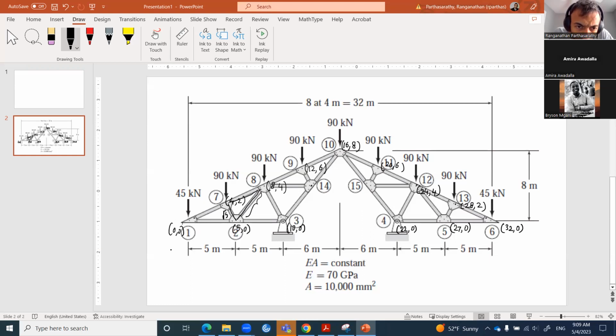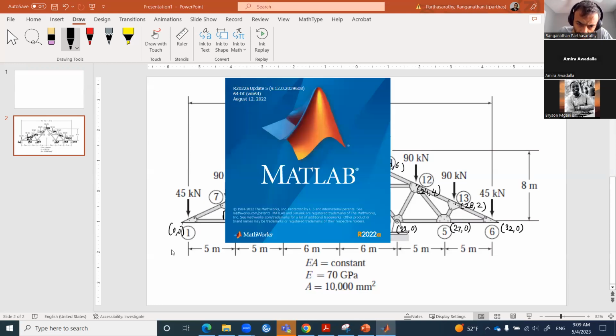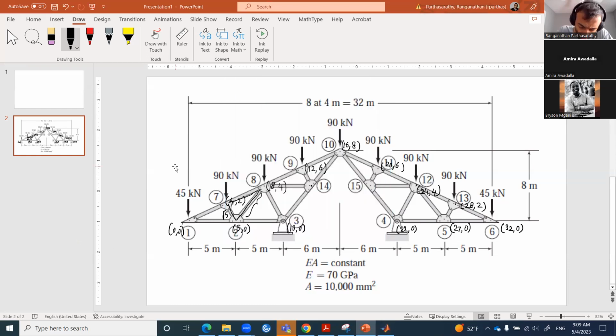This distance is root 5, and that distance 8 and 4, 4 and 2, 2 root 5. So this distance is 5 plus 20, so 5. This distance is 5. This length is 5 meter.